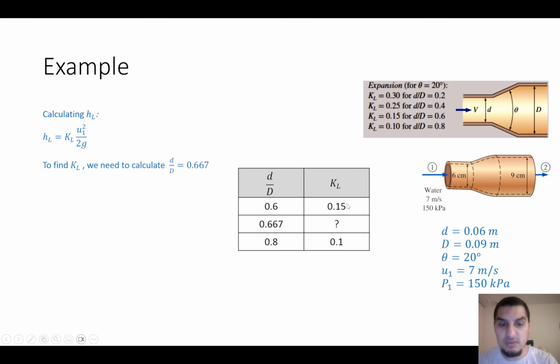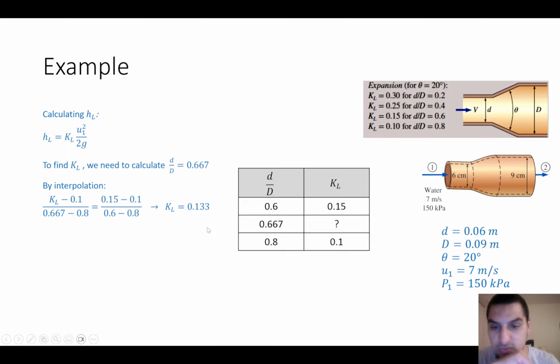So we can say that the slope between these 2 points, which is delta y over delta x, 0.15 minus 0.1 over 0.6 minus 0.8, is equal to the slope between these 2 points, which is the unknown K minus 0.1 over 0.667 minus 0.8. From this we can calculate KL, and it came out what we expected: closer to 0.15, between 0.13 and 0.14.